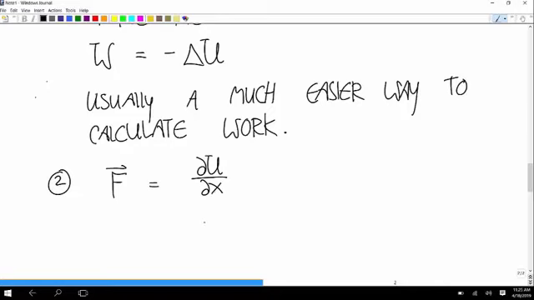That's an x component. The partial derivative of U with respect to y, and then both of these are negative. I guess I'll put it in here.